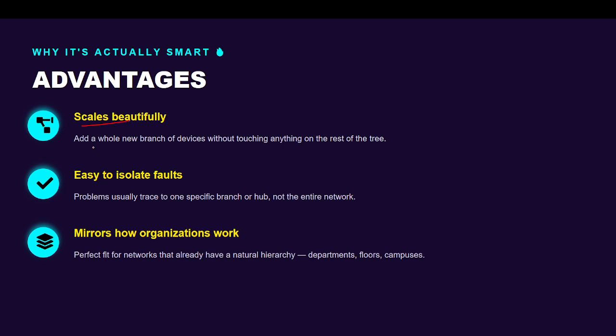Two, faults are easy to isolate. Problems usually trace to one branch, not the whole network. Third, it mirrors how organizations work. It just mirrors how organizations already work: departments, floors, campuses. It allows a network to fit naturally.